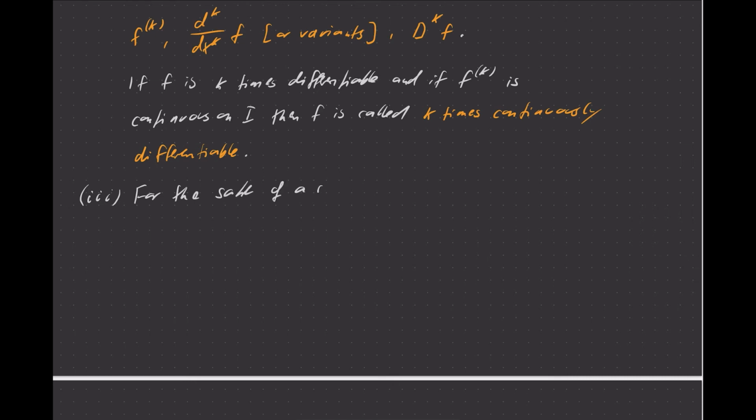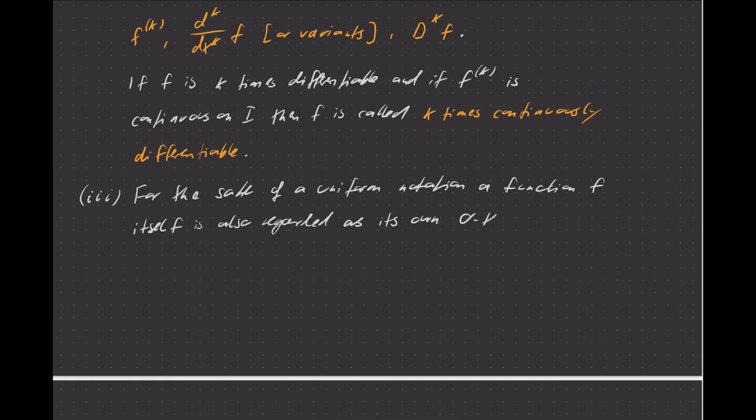So for the sake of a uniform notation, the function f itself is also regarded as its own zeroth derivative, and denoted by, well, f is then derivative of order 0 like this, or d0f.